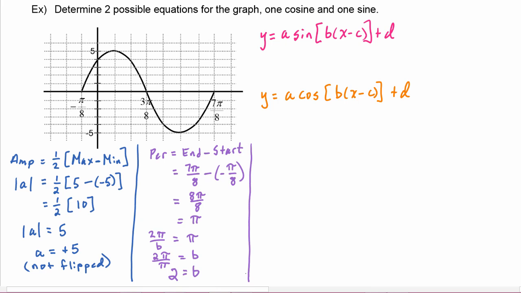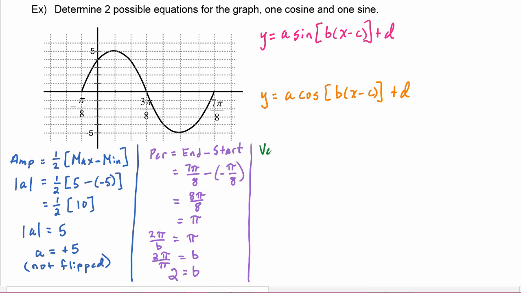So far we already know a and b. Now c will be different depending on whether it's a sine wave or a cosine wave. So let's do letter d first, and then we'll talk about c.